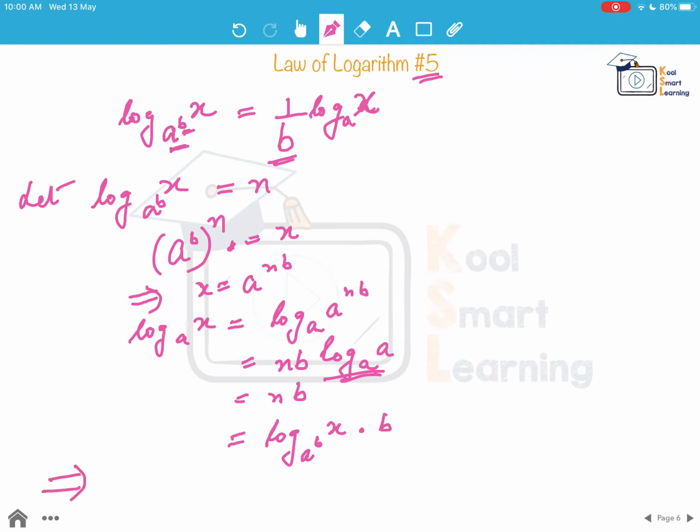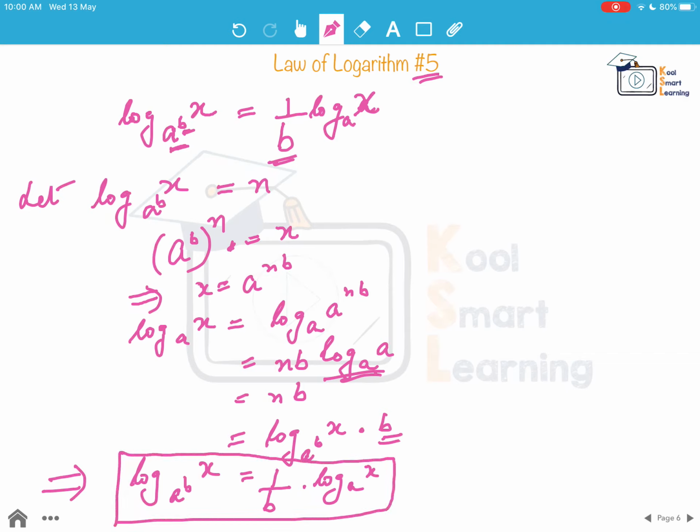So this implies log of x to the base a raised to power b is nothing but 1 by b into log of x to the base a. We've taken this b on the left hand side and we get the property that we started with. Log of x to the base a power b is nothing but 1 by b into log of x to the base a.